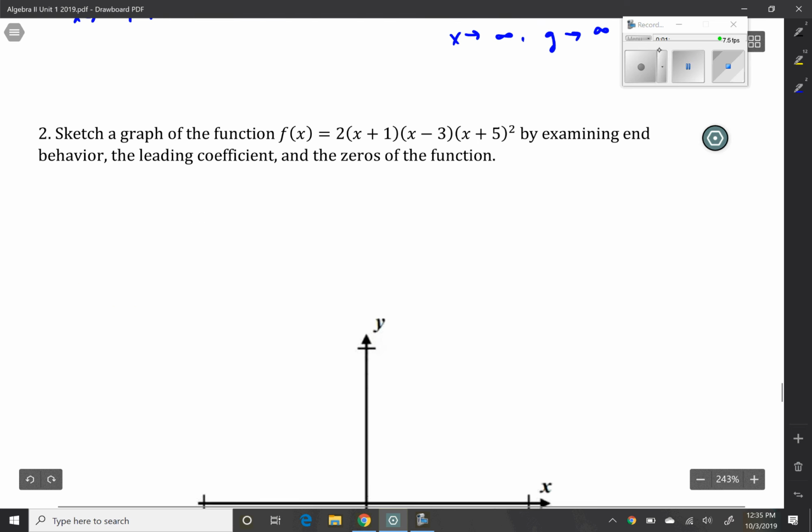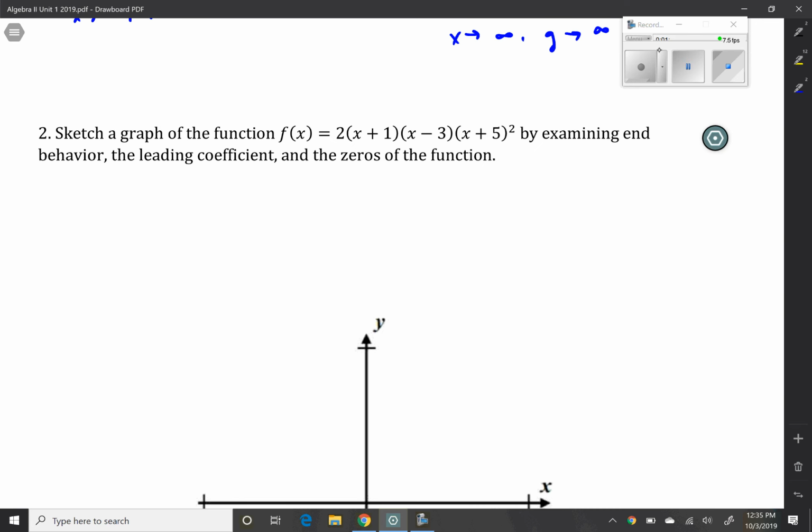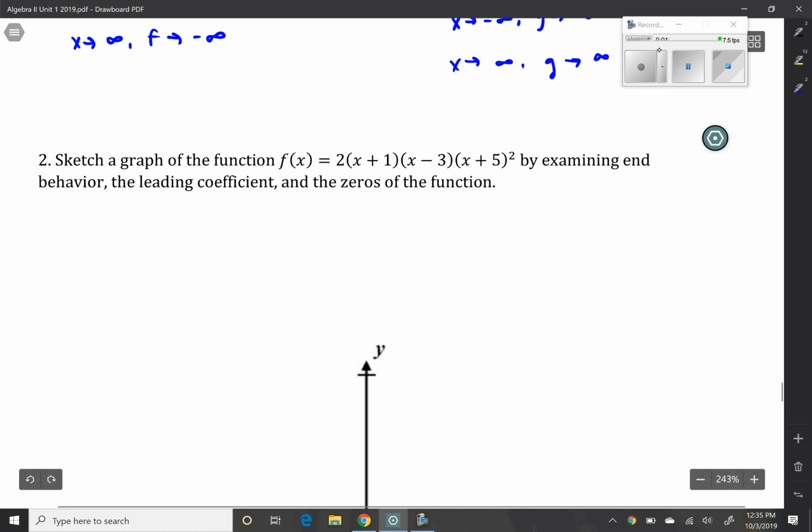Number 2, sketch the graph of the function by examining the end behavior, the leading coefficient, and the zeros of the function. First, let's find the leading term, which is going to be 2 times x times x times x squared.